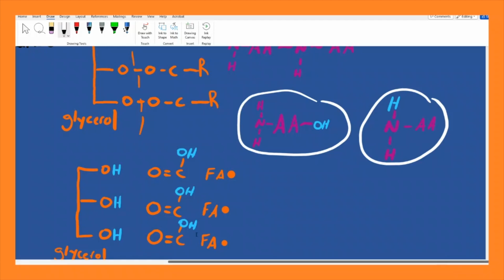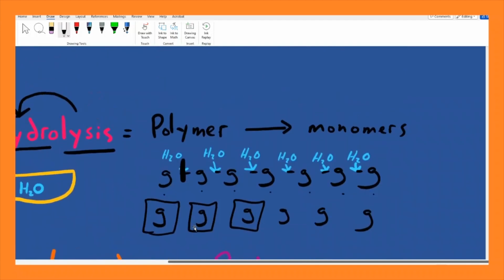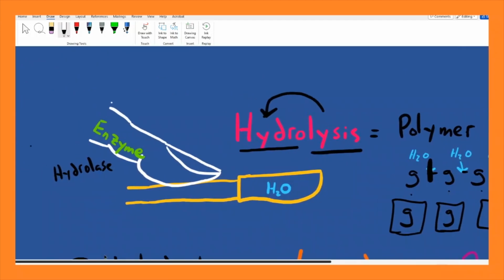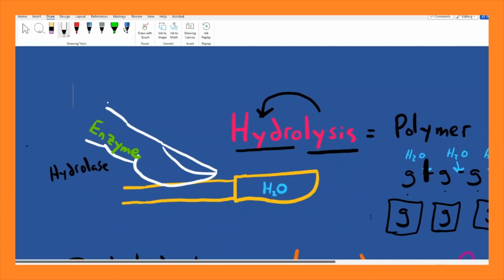Is everybody with me? So a way to think about it, hydrolysis, as performed by hydrolase enzymes, is using water as my scalpel to cut apart molecules.